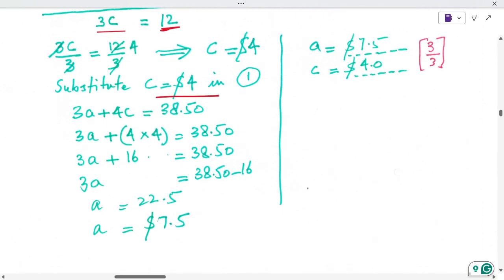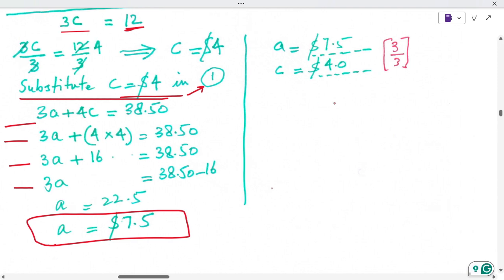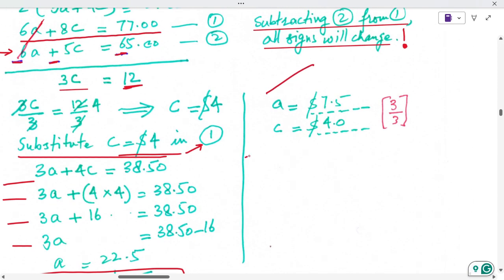In order to get A, substitute the value C equal to $4 in equation 1 and get the answer of A as $7.5, and write the answer in the given space and score 3 out of 3.